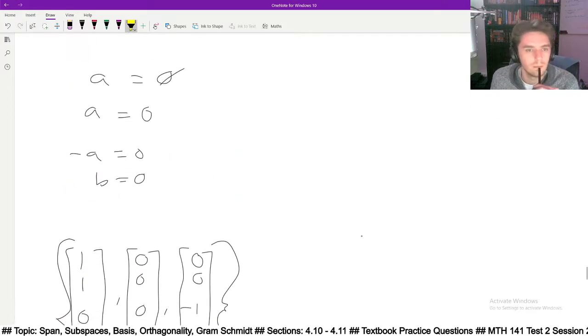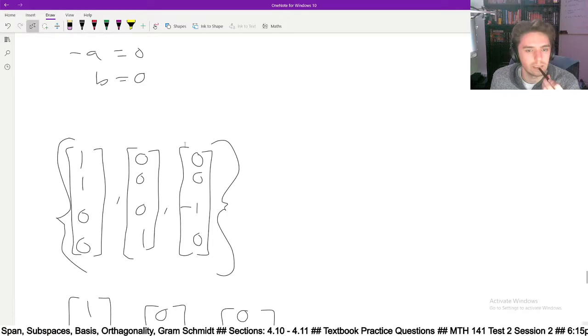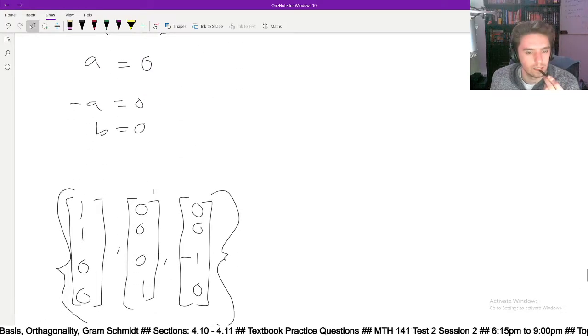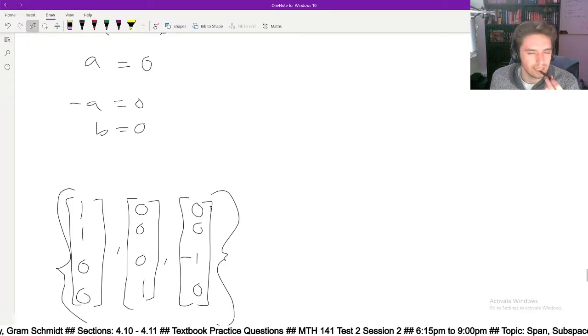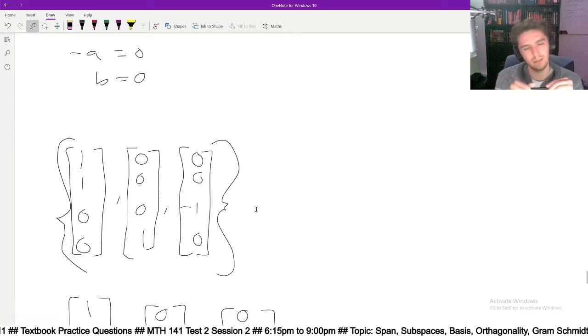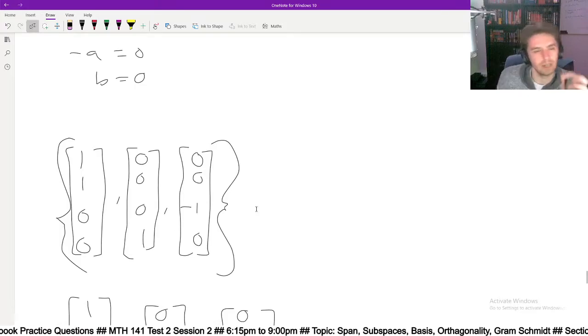So how is this not a basis? Because it's not a basis. Although I guess it is. No, how is it independent? Yeah, how's that independent? Did I not set this up right?